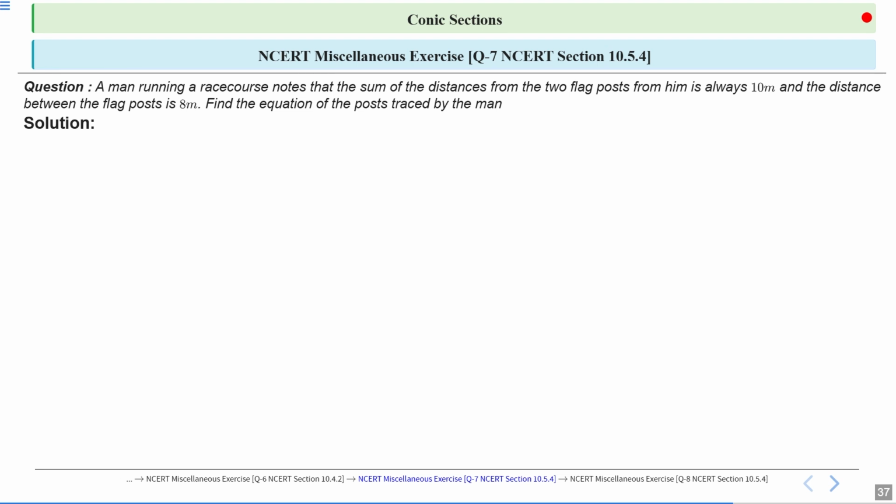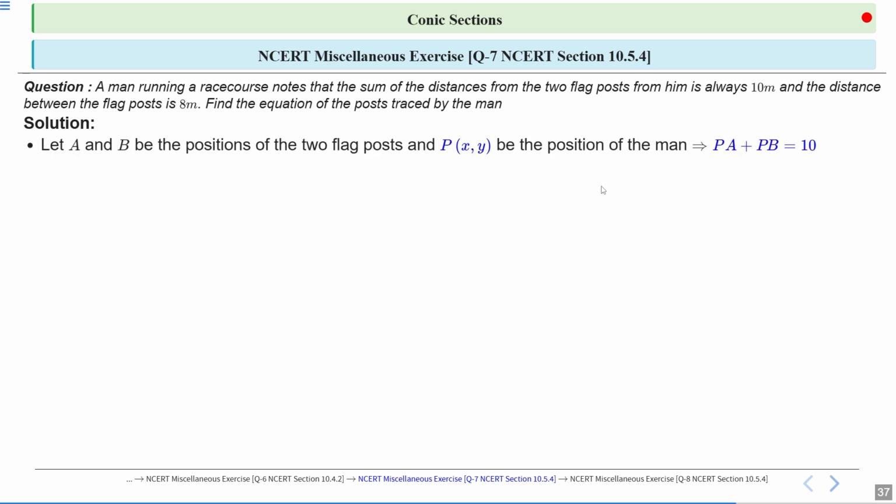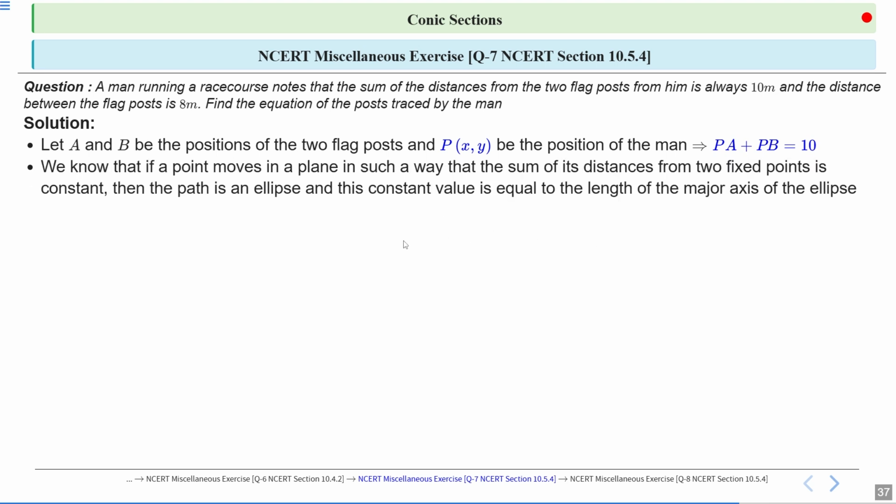So let's solve this question step by step. First, let A and B be the positions of the two flag posts and P(x, y) be the position of the man. It implies PA plus PB is equal to 10. And we know that if a point moves in a plane in such a way that the sum of its distances from two fixed points is constant, then the path is an ellipse.